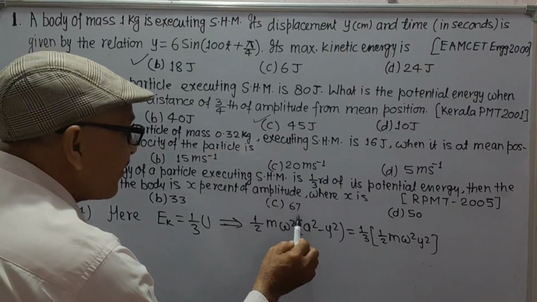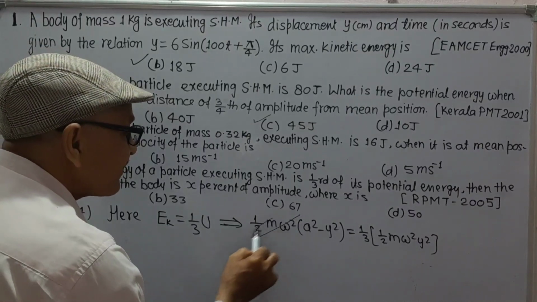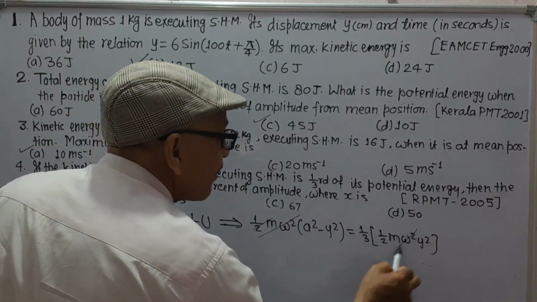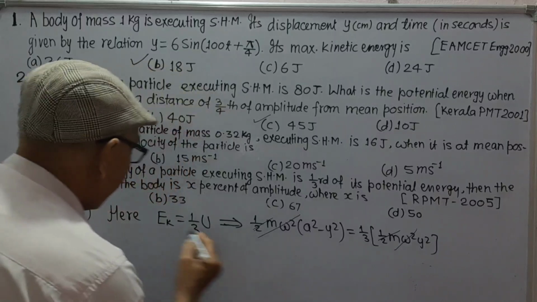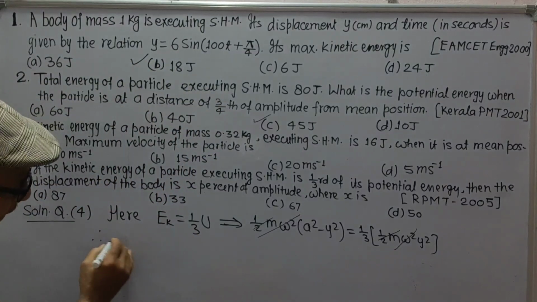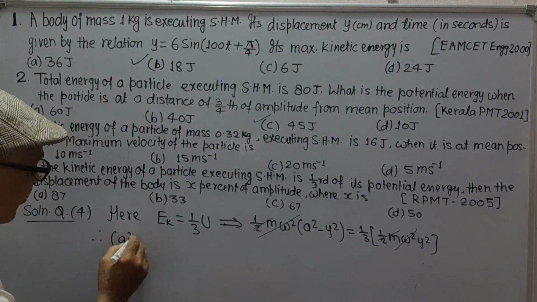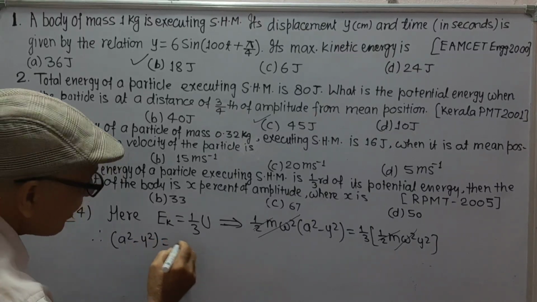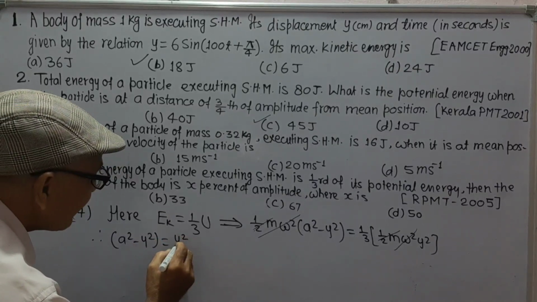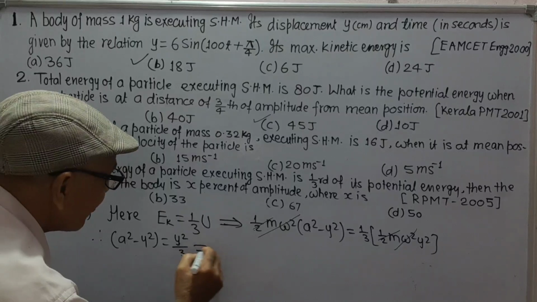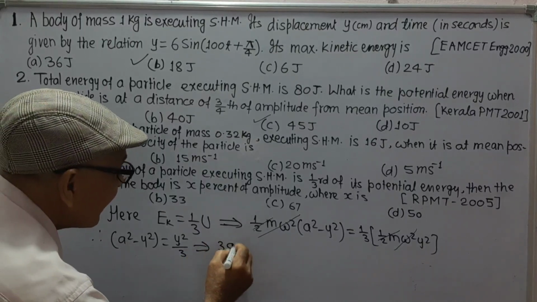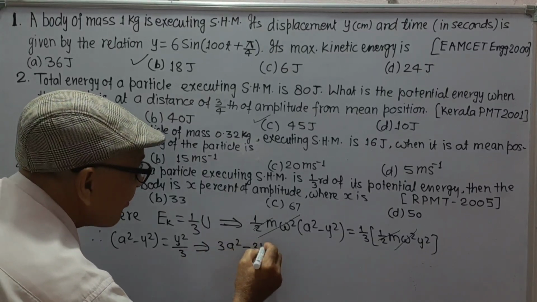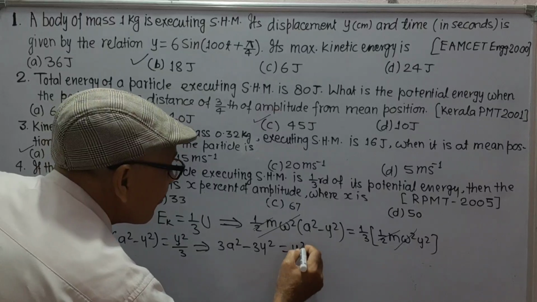So 1/2 m omega square cancels out and we get A square minus y square is equal to y square by 3, which gives 3A square minus 3y square is equal to y square.